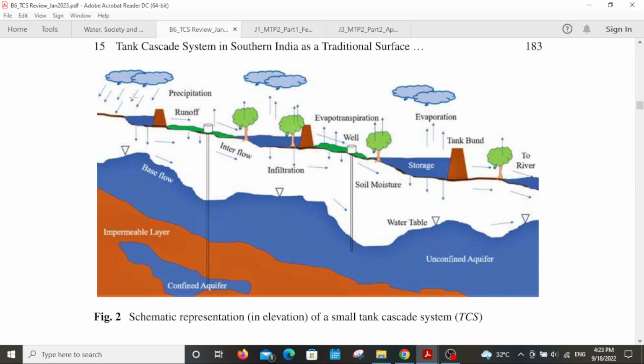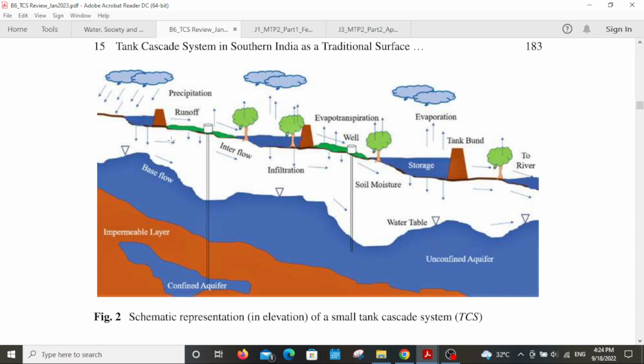If rain occurs in this region, there must be streams flowing under gravity, and embankments were constructed across the streams so that we can harvest that surface runoff, in such a way that surplus water from the stream can be supplied to the tank immediately downstream. This way all these tanks are connected together, and at the end we can see that the surplus storage from the last tank is recharging water to the river.